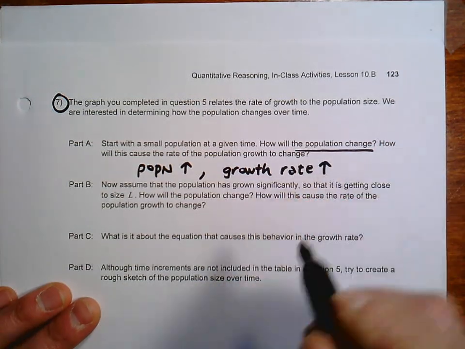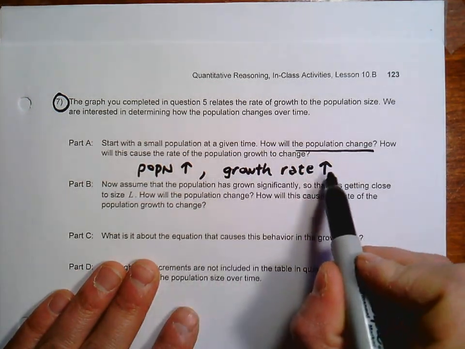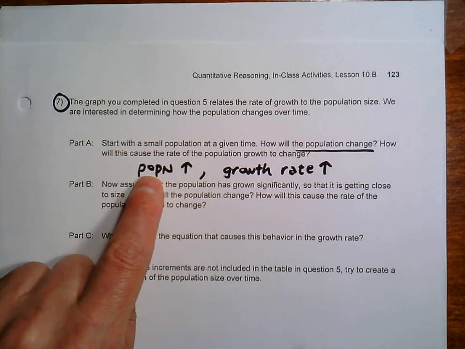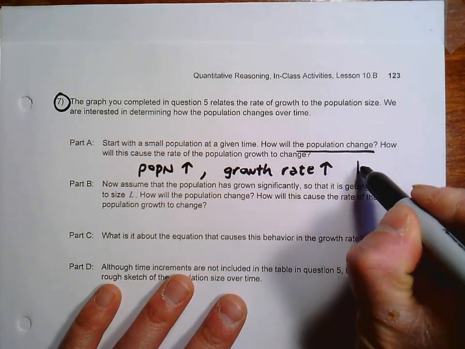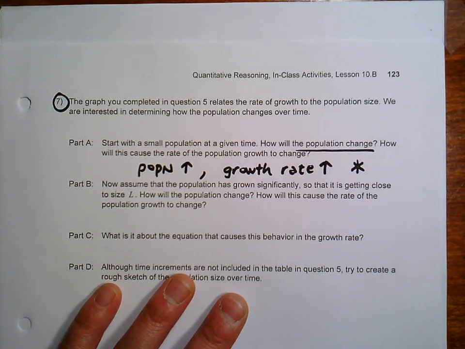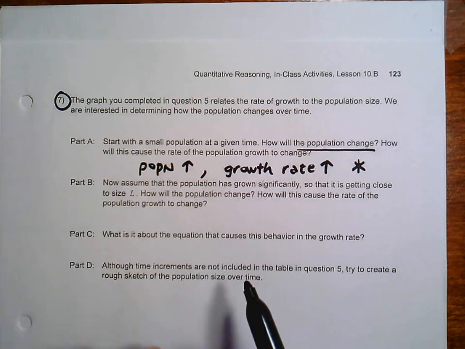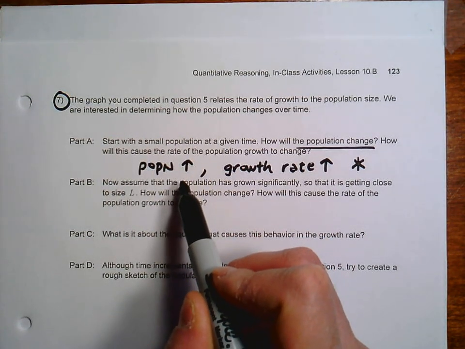is also going to increase, and that has a snowball effect. So as the growth rate increases, this population is going to increase. As the population increases, the growth rate increases as well. So in one of the earlier lessons, we saw this sort of compound growth with money sitting in an account. So this is the same basic idea. But then at some point, you're going to hit a wall where this population is going to be so big that it can no longer sustain itself.